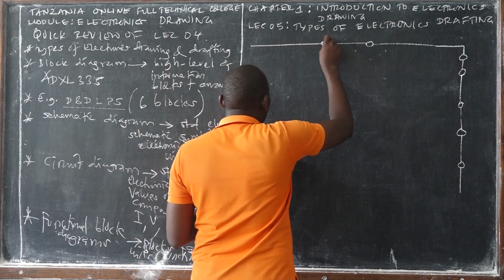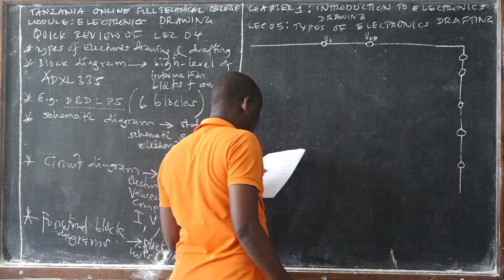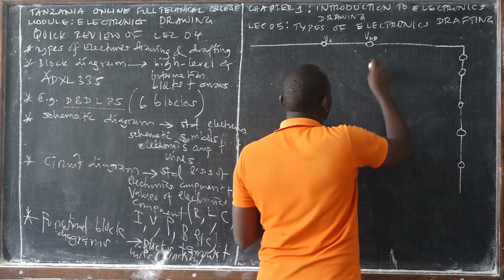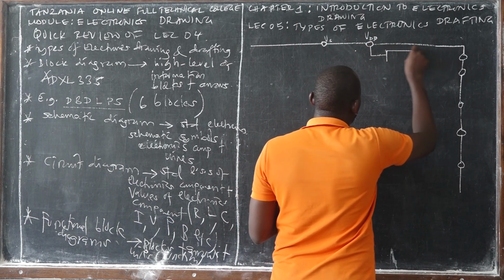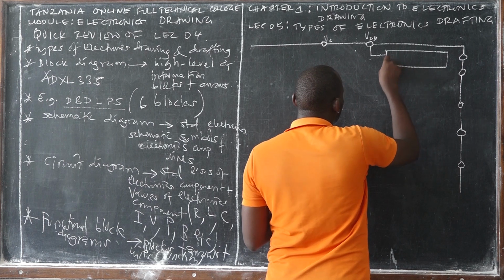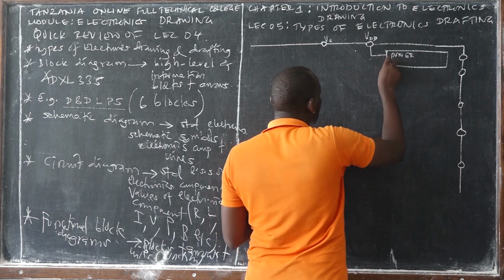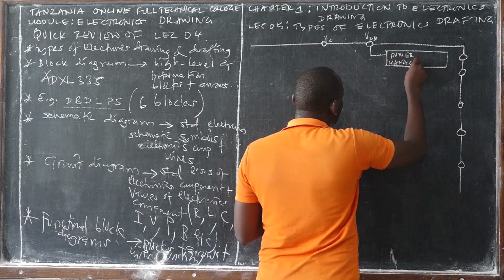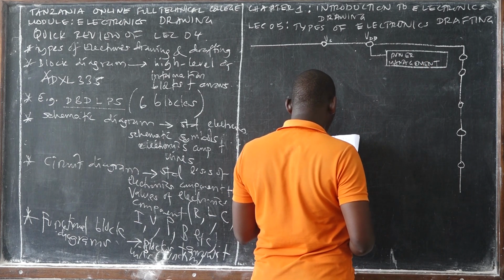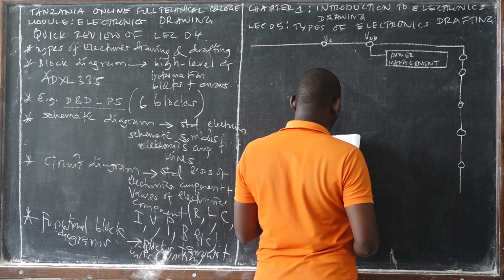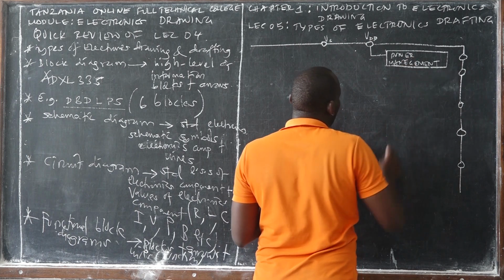So this one we call voltage across source. This one we call voltage across drain. Then here we have a block called power management.